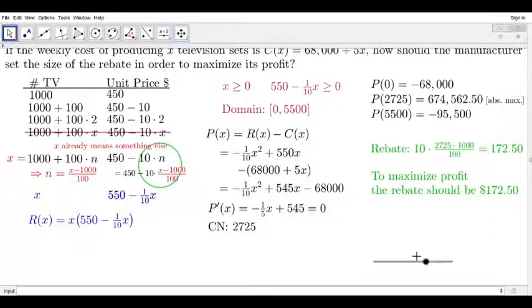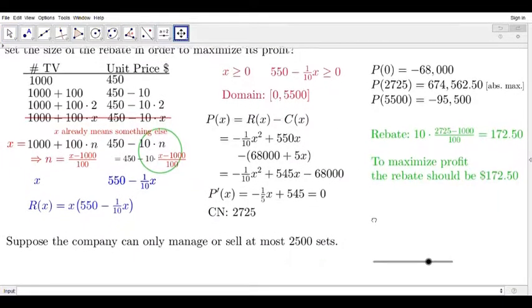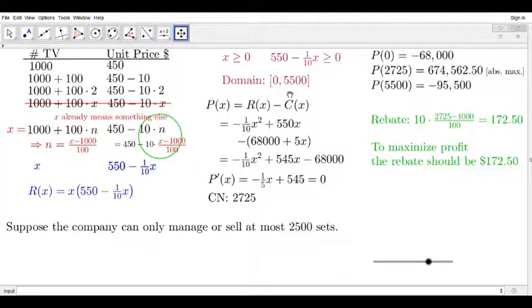In addition, suppose that the company can only manage or sell at most 2,500 sets, which means that the domain 0 to 5,500 is not really the working domain here, because we earlier were open to the possibility that x, the number of TV sets sold, could be 5,500, but the company can only manage or sell up to this particular cap, 2,500. What that means is that the domain would have to be modified into 0 to 2,500.